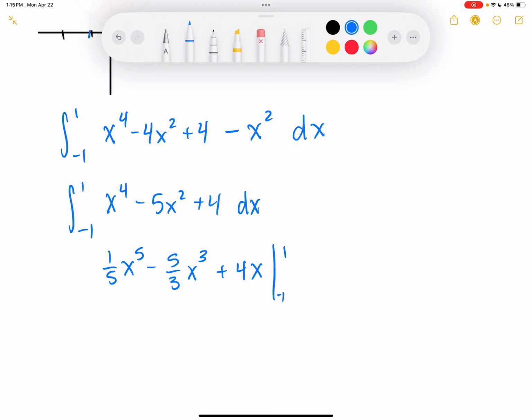So if I plug in 1, I've got 1/5 minus 5/3 plus 4, minus, plugging in -1, I've got -1/5 plus 5/3 minus 4.